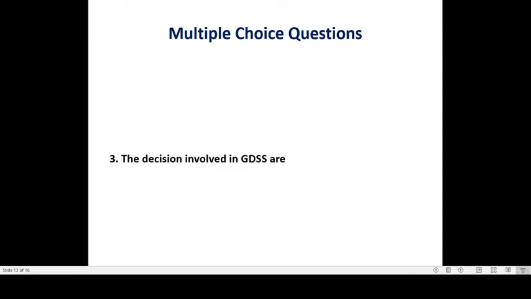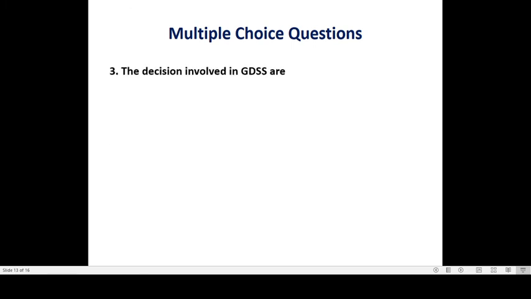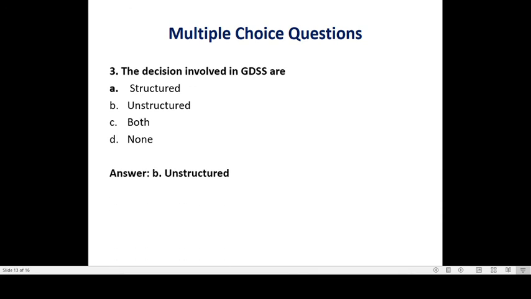Next multiple choice question. The decisions involved in group decision support system are structured, unstructured, both, none. The correct answer is unstructured.